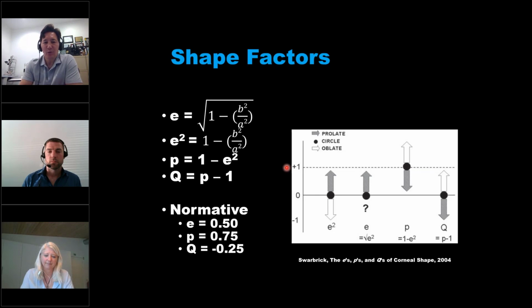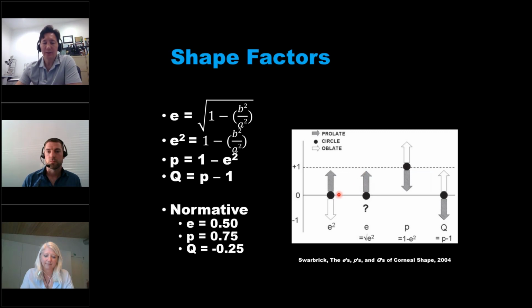So these are the various formulas, not that anybody is really interested in that, but what is valuable is that in Helen Swarbrick's article, she showed us where sphere lies. So for eccentricity, a perfectly spherical eye would be a zero eccentricity, and the E-value can describe the cornea as being a degree or a magnitude of prolate.